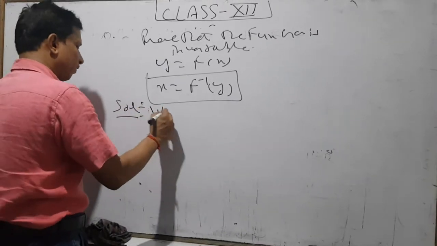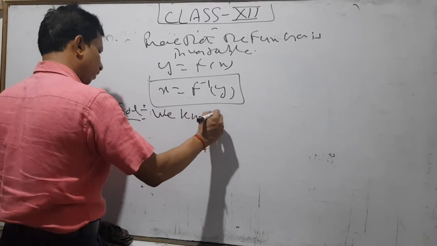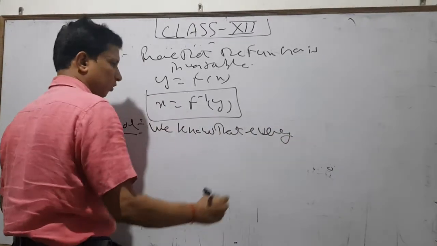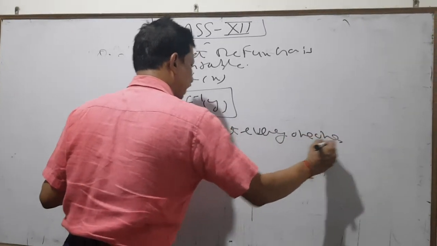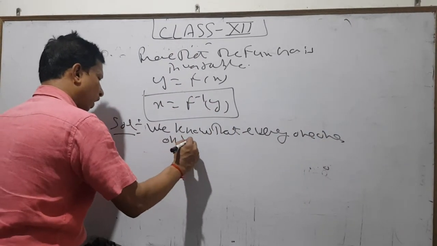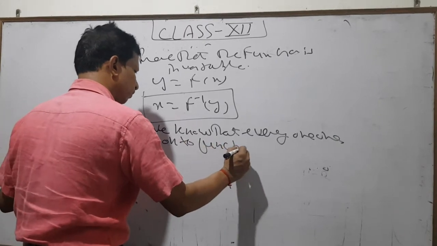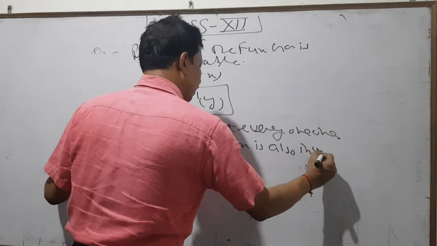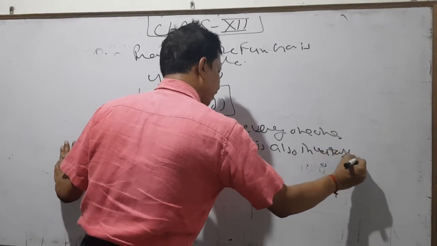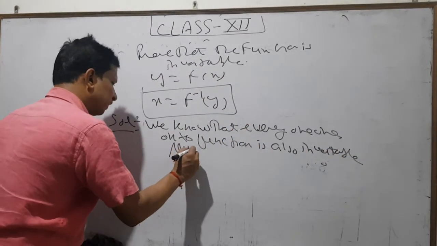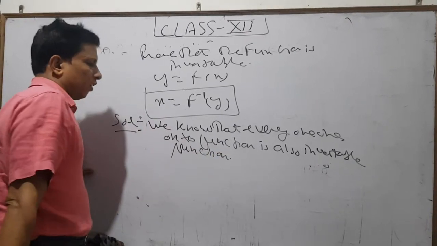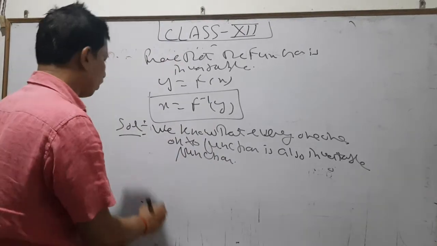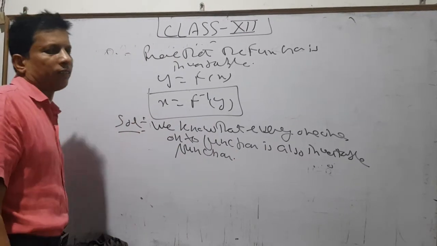We know that every one-one and onto function is also an invertible function. Therefore, the function is invertible.